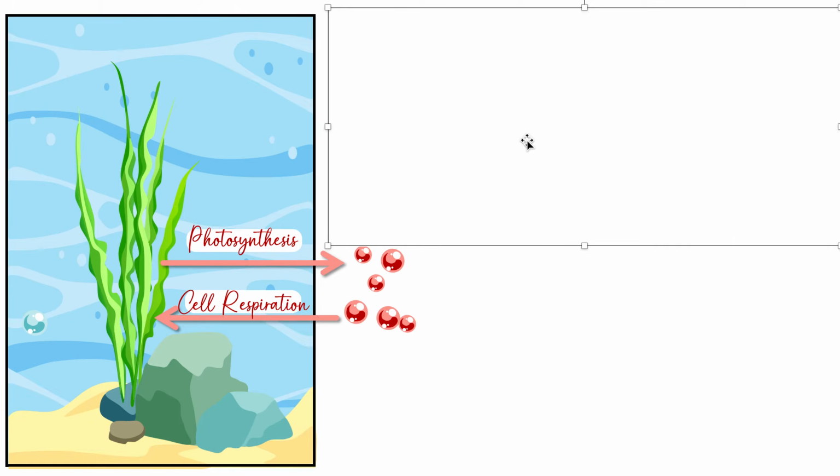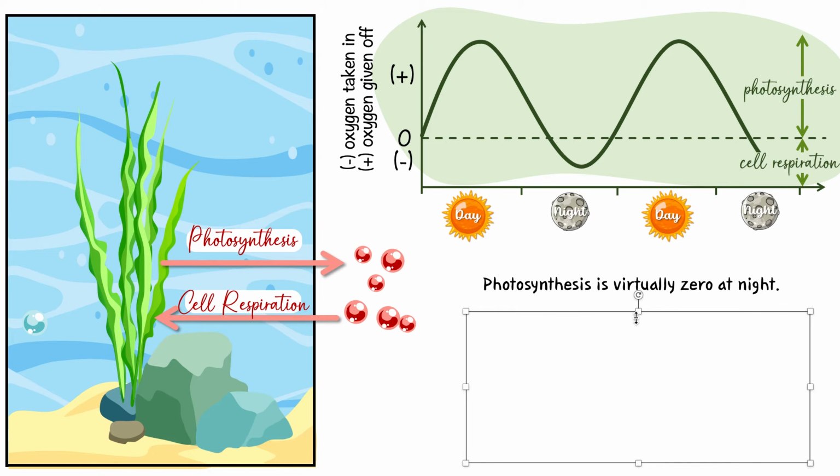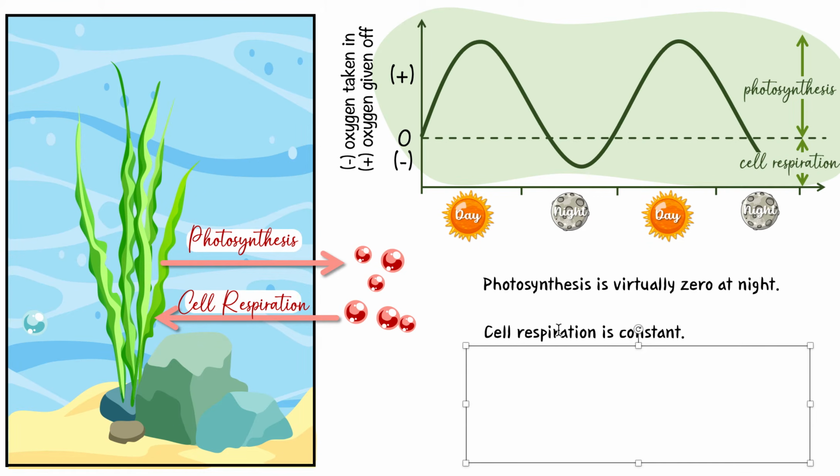So we can look at it in terms of this little graph here. We can see during daylight, the plant is doing photosynthesis, and a lot of oxygen is being made. Then at night, when there's no photosynthesis, let me explain it a bit better. At any given moment, a plant's cell respiration is constant. So the rate at which a plant uses oxygen is always constant, no matter day or night.